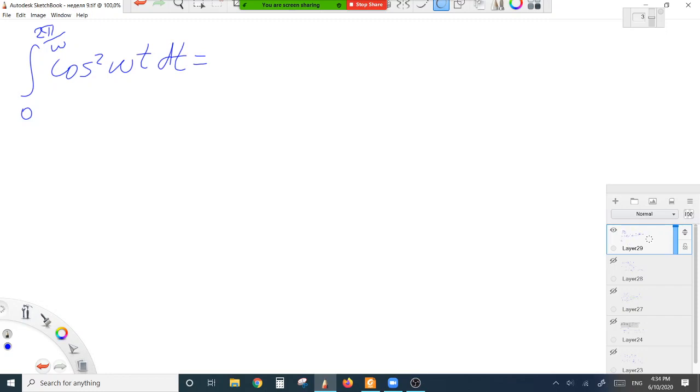It can be computed as the integral from 0 up to 2π over omega of 1 over 2 minus cosine 2 omega t.